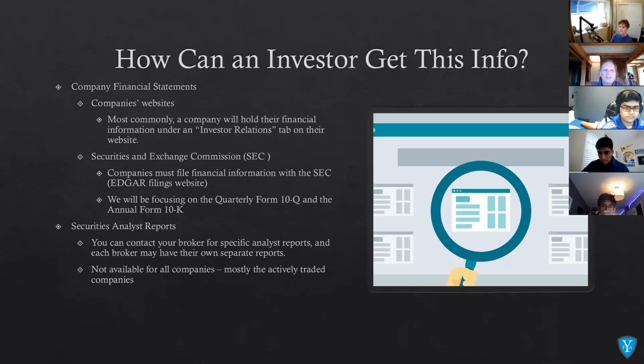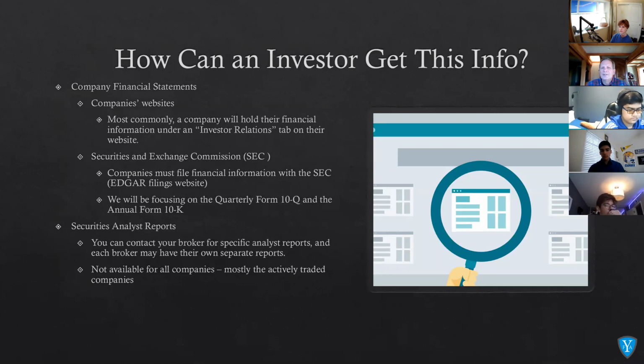Okay, I think I've already touched upon this a little bit, which is where you can get the financial statements. One is the company's website, and the other is the SEC's webpage. Then the question is, where do I get a securities analyst report? Today you've received one from Citibank. For the most part, the best place to get a securities analyst report is if you or your parents or your friends have a brokerage account.